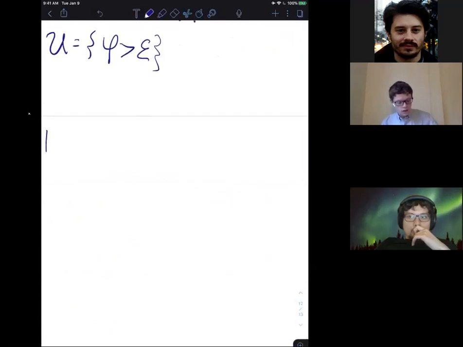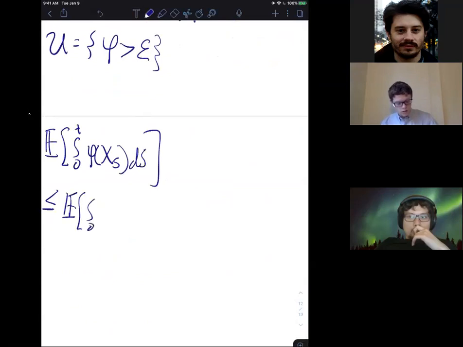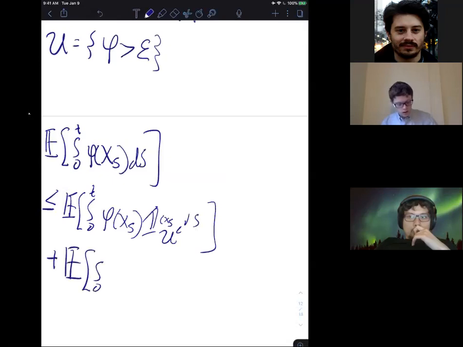So we have that E of the integral from 0 to t of phi of xs ds can certainly be broken into E of the integral from 0 to t of phi of xs times 1 on U complement of xs ds, plus E of the integral from 0 to t of phi of xs times 1 on U of xs ds.